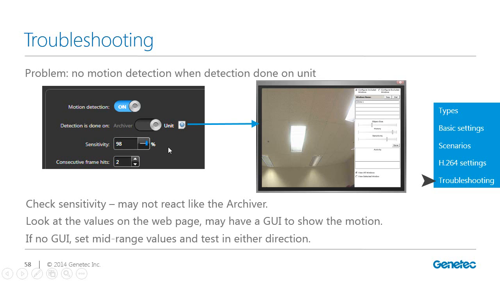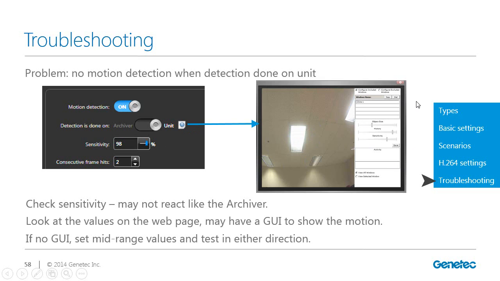One thing we can try to do is take a look at the web page. If you see this little icon here, I do have an Axis camera here that brings up this web page, and it has a fairly decent GUI right here on the side to show the motion that's going on.